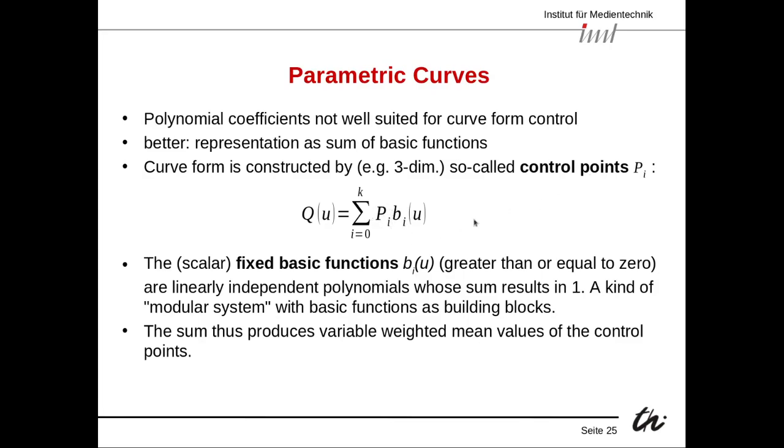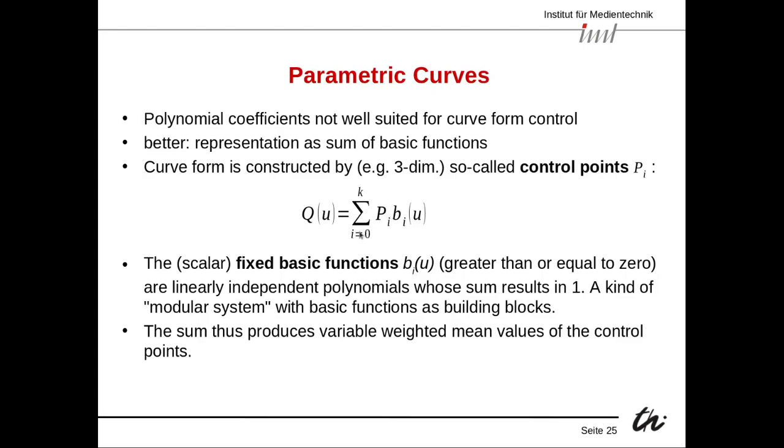So p is a three-dimensional vector which contains the coordinates of our control points. And this actually gives a better meaning to the resulting curve Q of u. Q is again containing the three dimensions, x, y, and z. That's the output of this function Q. U is our one-dimensional input, usually between 0 and 1. And b is now our polynomial.